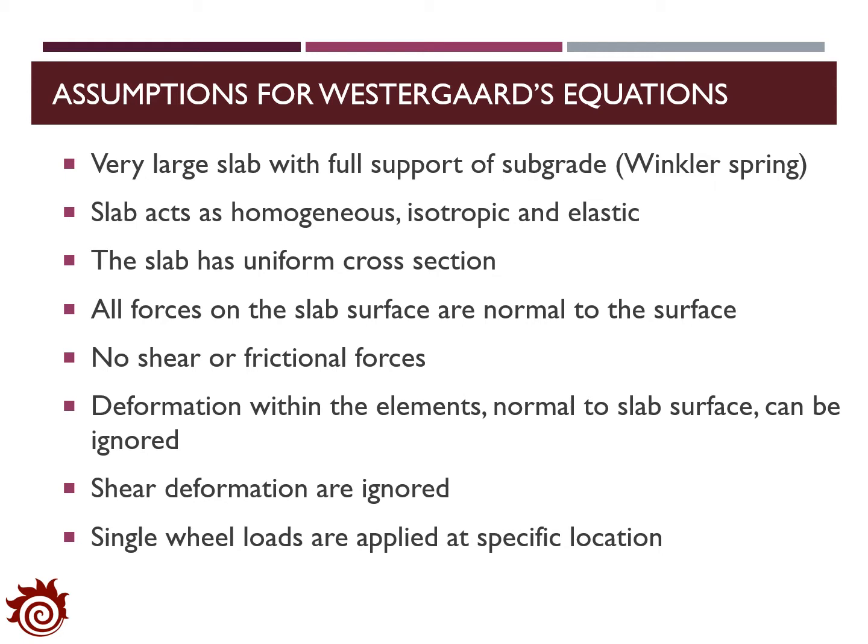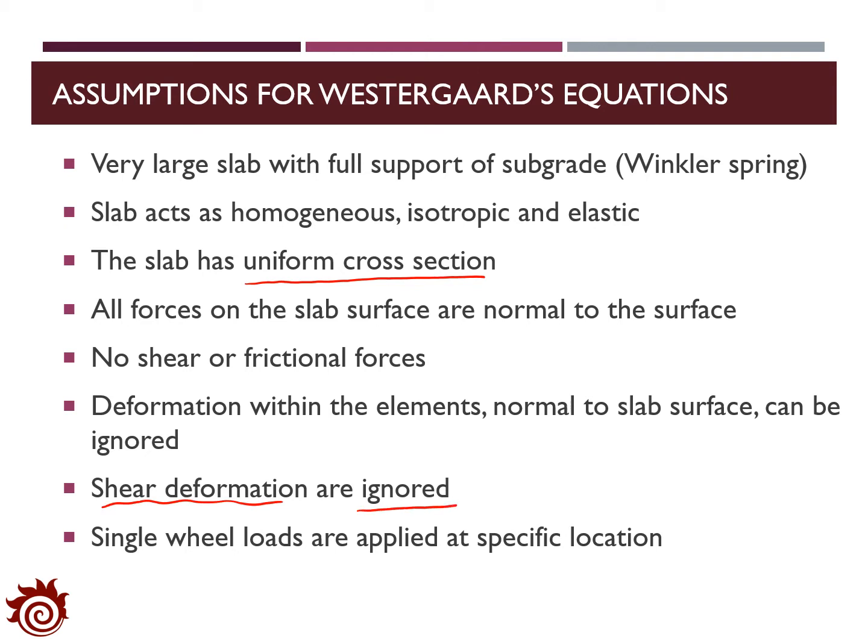Also, it has a uniform cross section. Moreover, we assume that all the forces applied on the slab surface are normal to the surface, and we don't have any shear or frictional forces. And the deformation within the element normal to the slab surface can be ignored. Also, the shear deformations are ignored.